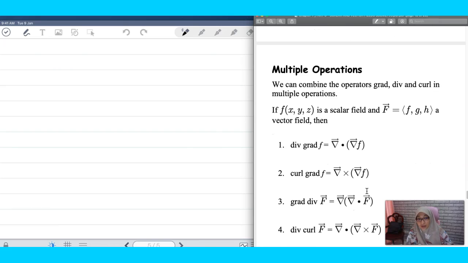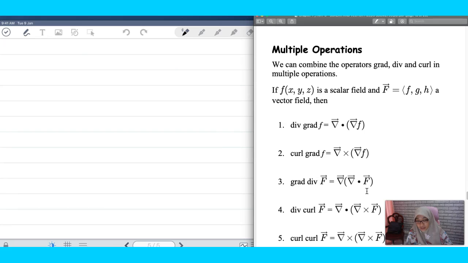Okay, so as an extension of the divergence and curl, the thing that we should also know is that there are multiple operations, the combinations of the gradient, divergence, and curl. In this case, let's define small f as a scalar field or scalar function, and capital F as a vector field or vector function.